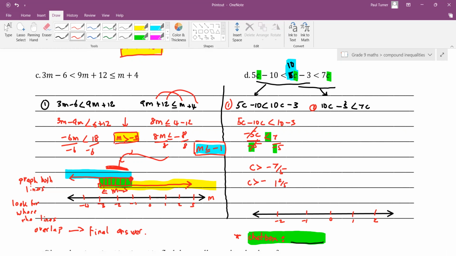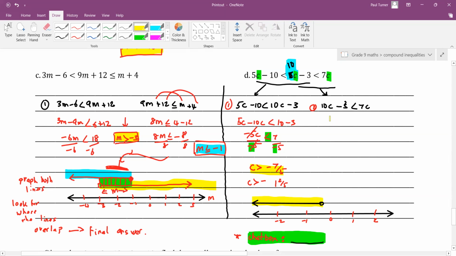So what we can do is mark that on the number line first. So negative 1 2/5, that's negative 1.4, about here. And C is less than that number. So we need to make a number line or a ray going in that direction. So this is our answer for that part.